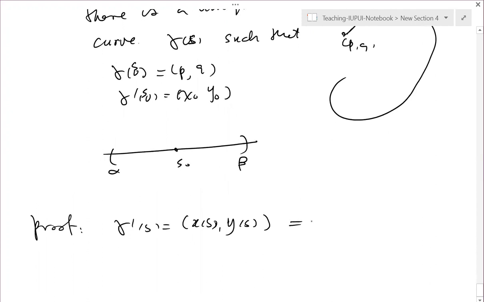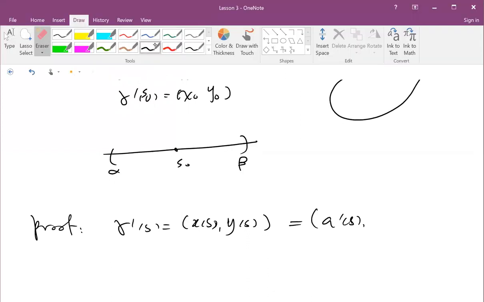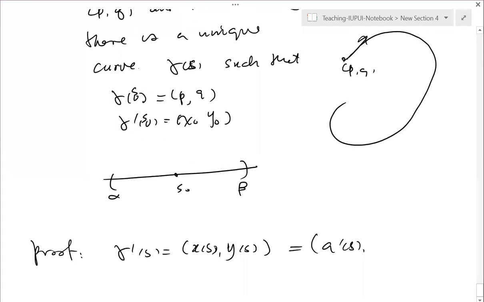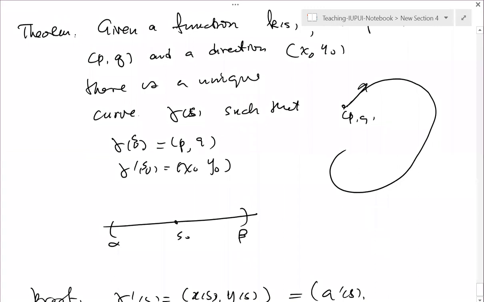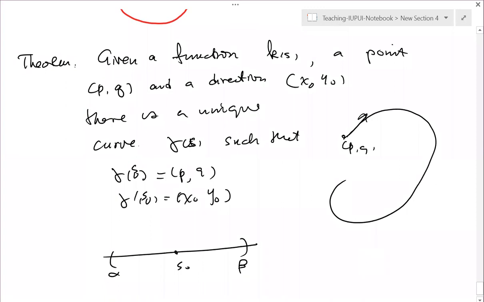Yeah, this is going to be a prime s. I shouldn't use x, y, yeah, it's a little bit confusing. But that's okay, I didn't carefully choose a notation. Yeah, I'm going to change.